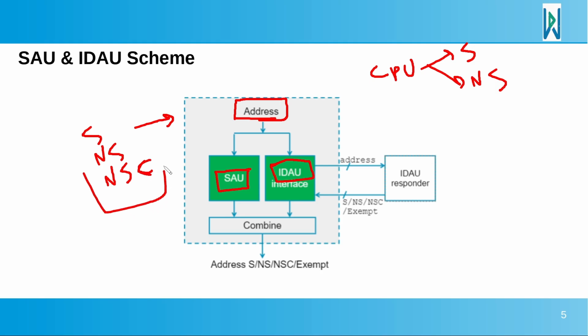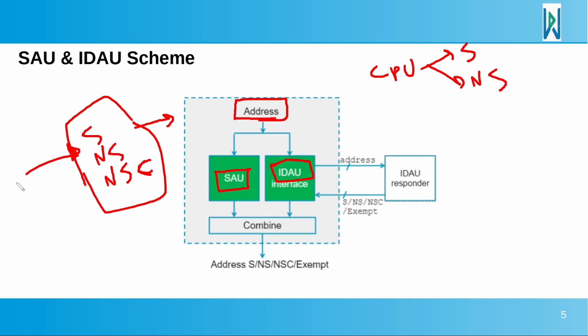The security attribution assignment for our address space is defining the access permissions and restrictions. Means there are certain rules to define if the CPU will be able to access a memory region marked as secure or non-secure callable.